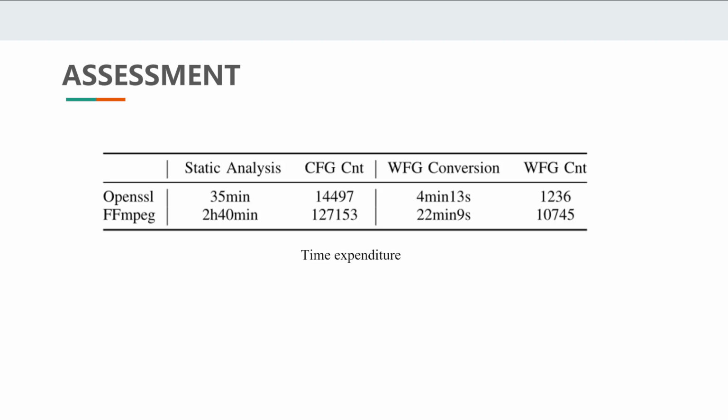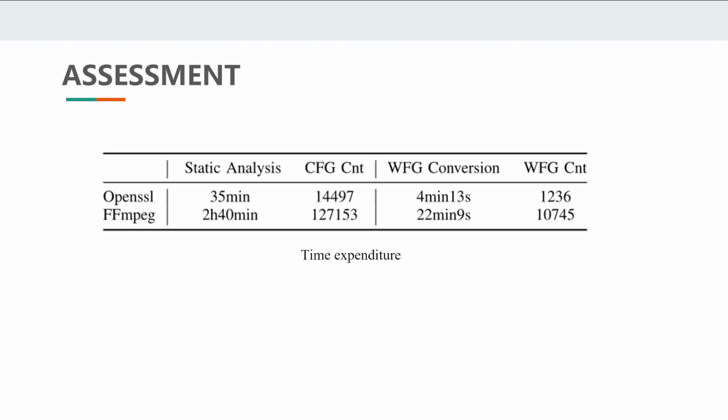We mainly spend time in 3 aspects: static analysis, weighted feature graph conversion, and WFG comparison. The cost is mainly focused on static analysis, because that step needs to use scan-build to parse the whole program.